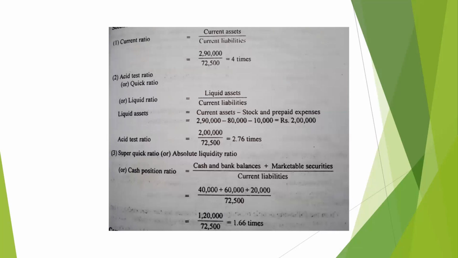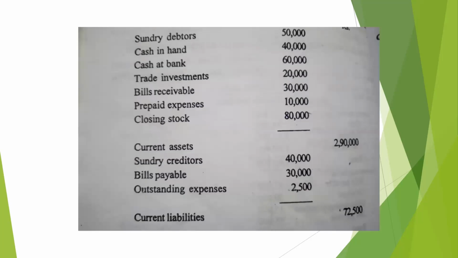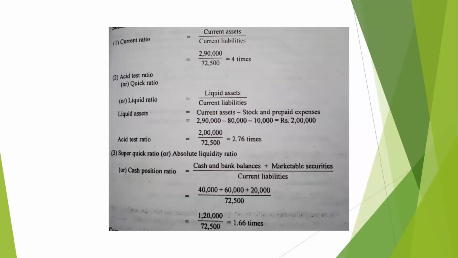Next, acid test ratio or quick ratio. The formula is liquid assets divided by current liabilities. Here, the liquid asset means current asset minus stock and prepaid expenses. Stock amount is given and prepaid expenses also given. Stock amount is 80,000, prepaid expenses amount is 10,000.